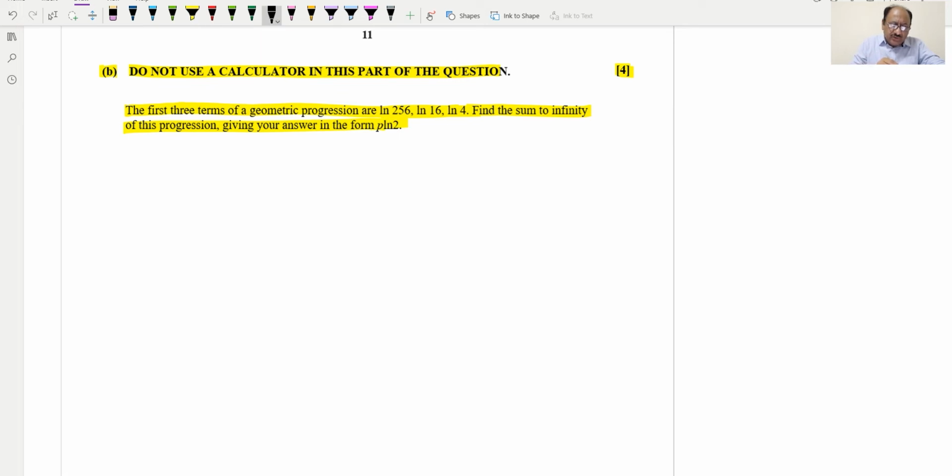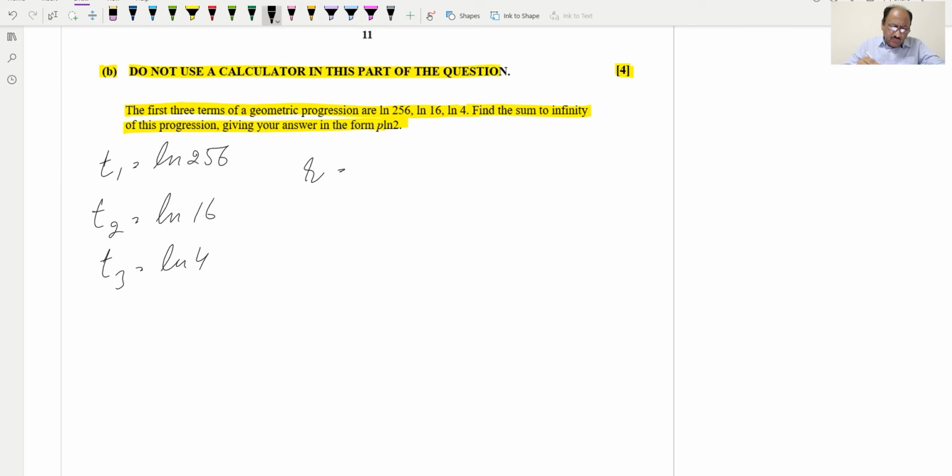So in this geometric progression, term 1 will be equal to log of 256, term 2 is given, which is log of 16, and term 3 is also provided, which is log of 4.